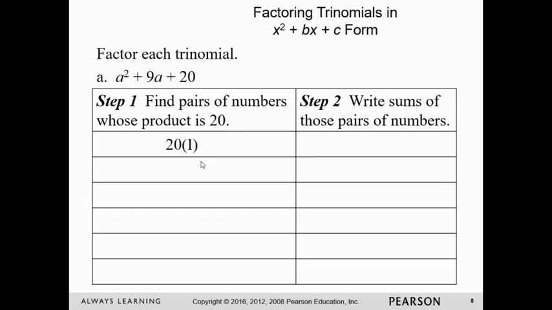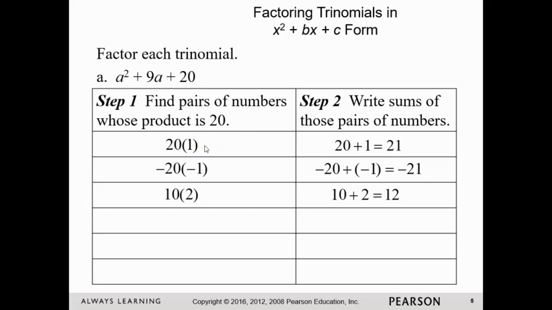So 20 and 1 are factors of 20, but they sum up to 21, not 9. Negative 20 and negative 1 do get us to a product of positive 20, but they sum up to negative 21, not 9. 10 and 2 also get us to a product of 20, but they sum up to 12, not 9.